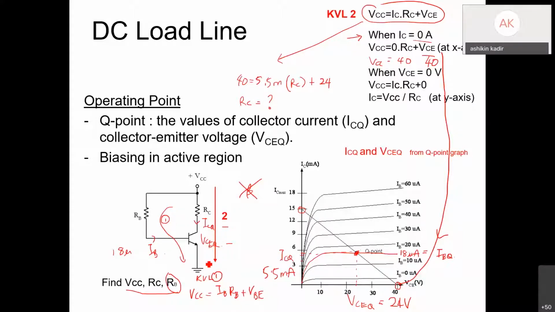VBE you can use the 0.7 value. So now you get the RB value. So this is an example of reverse calculation, because you have the Q point, and then you need to find the resistor and the voltage values from the circuit.